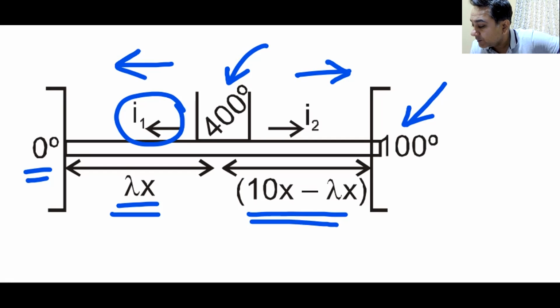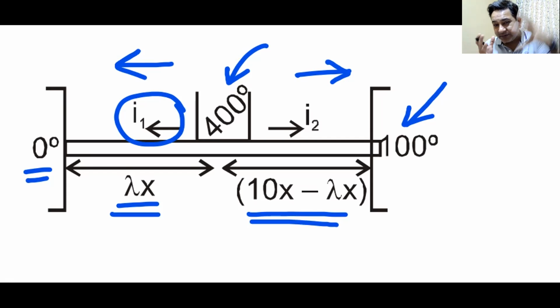Is it too much of an expectation? I'll give you a minute. Your minute is running at the speed of 60 seconds per minute. So you have 60 seconds to do this. Find the value of I1, find the value of I2, and then you are done.